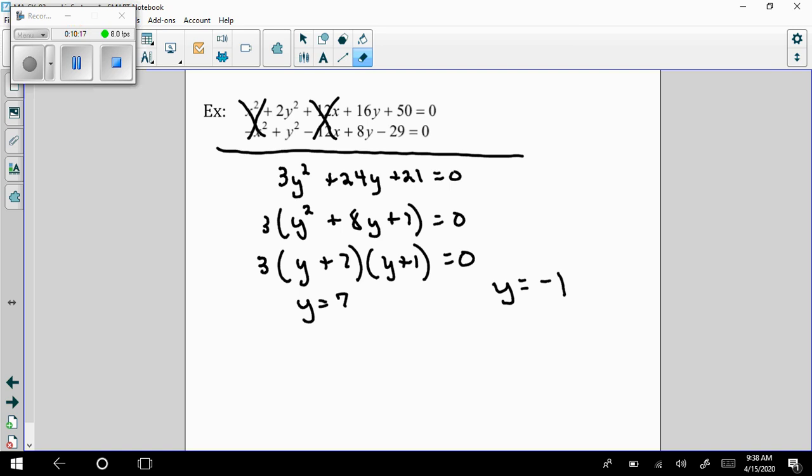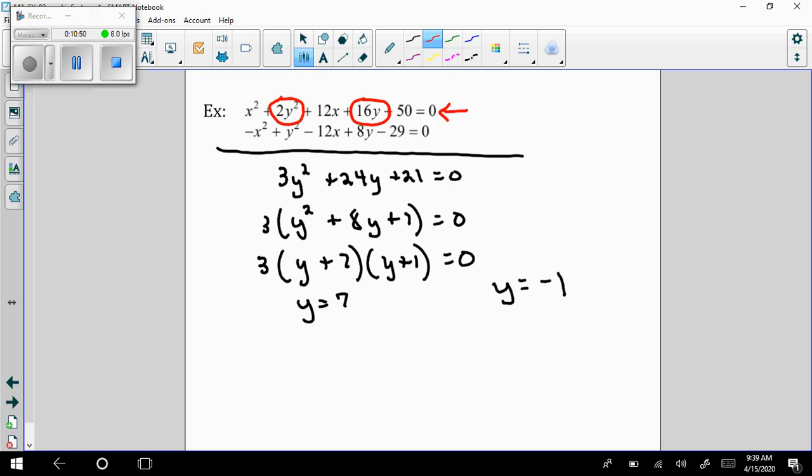So now I need to go back and pick which beginning equation I want to use. And since I'm plugging in y and solving for x, I'm going to choose this first one because my x squared is positive and a little bit easier to work with. All right, so I am plugging in 7 here, and I am plugging 7 in here.